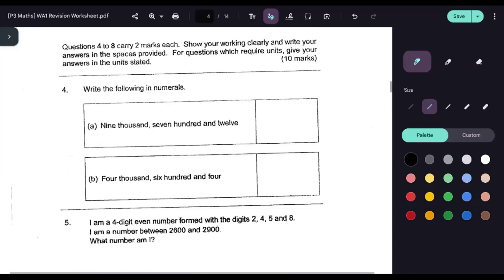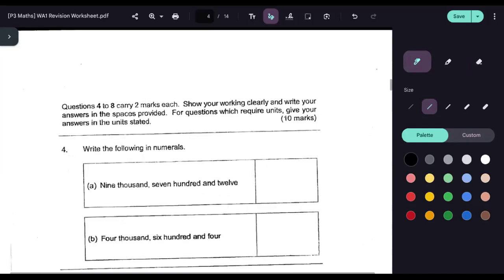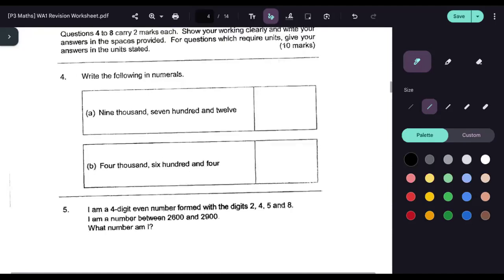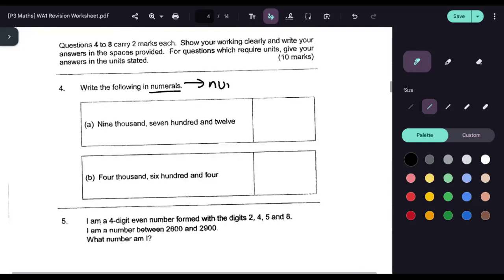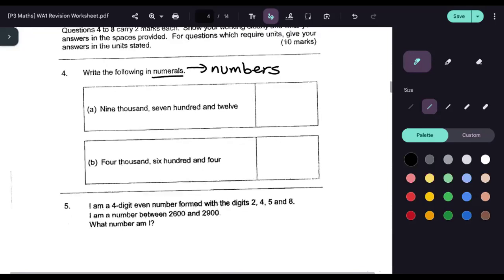We are now on section B. In your PSLE, this is called section B, where you must answer everything that is shown here. Let's start with this one. Write the following in numerals. Numeral means numbers. First one: 9,712.